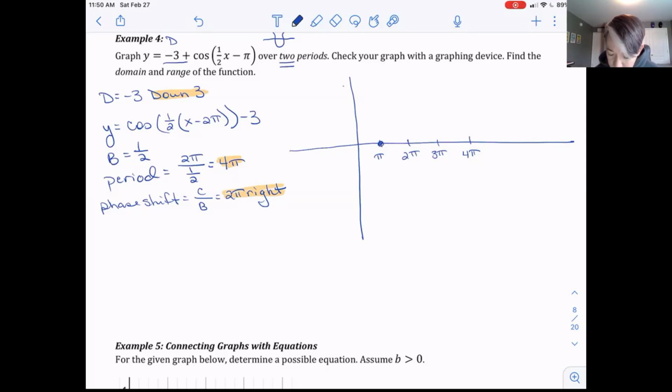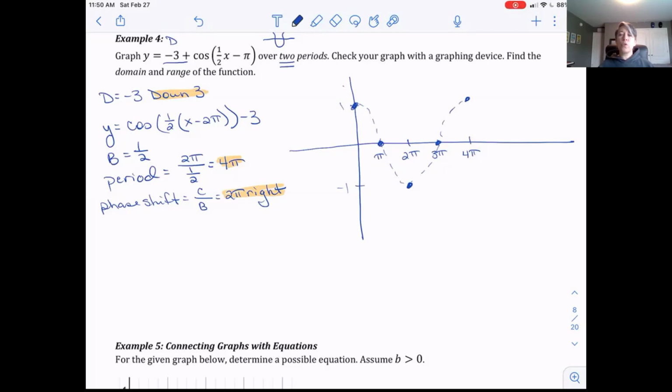It's the pi and 3 pi that are going to be at 0. Amplitude is 1, so we're going to go up to 1 and -1. So cosine starts up at the top of that amplitude, hits 0, goes down, hits 0, and back up again. So that's what 1 period looks like before we've shifted down 3 and right 2.